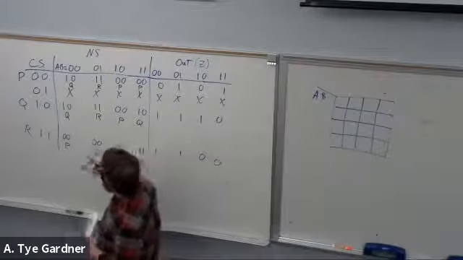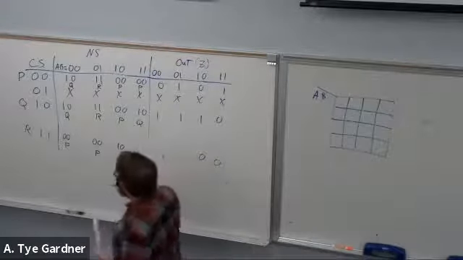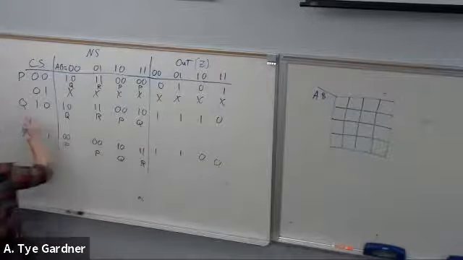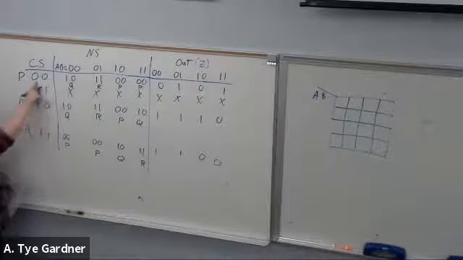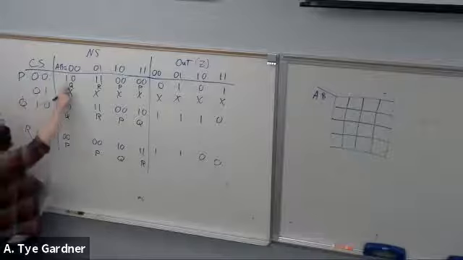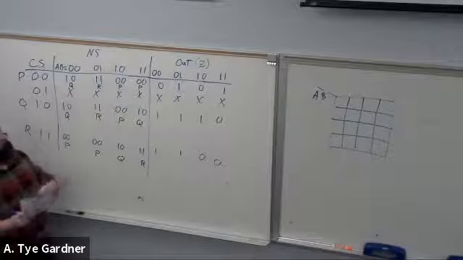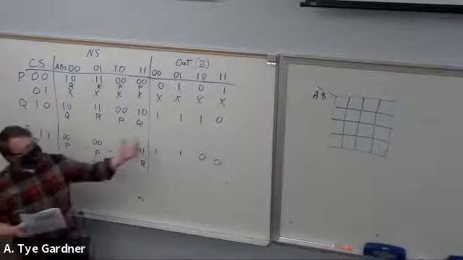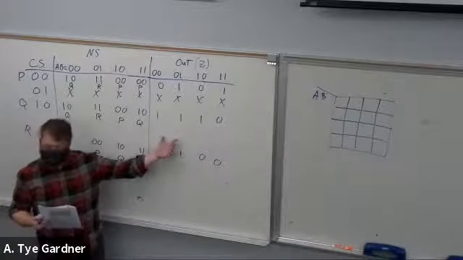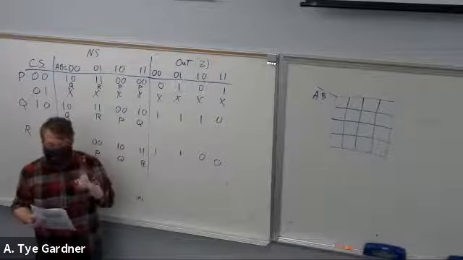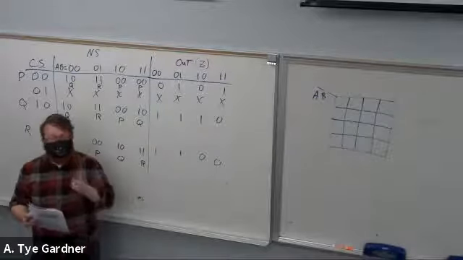Well, we have 2 different bits, right? We have these current state bits that are 2, and we have next state bits. We're trying to make the output decoder that cares about 2 things: what are the inputs, and what state am I in now?